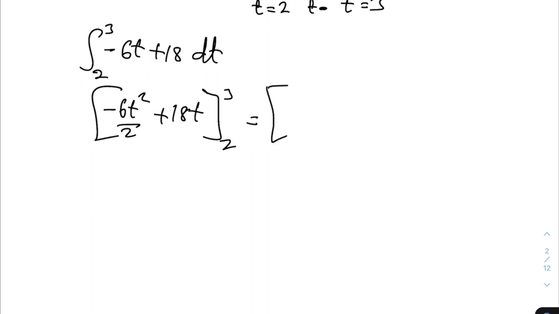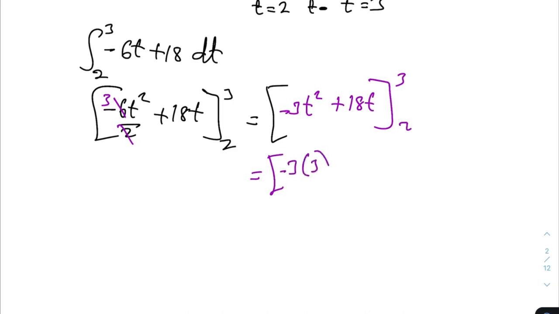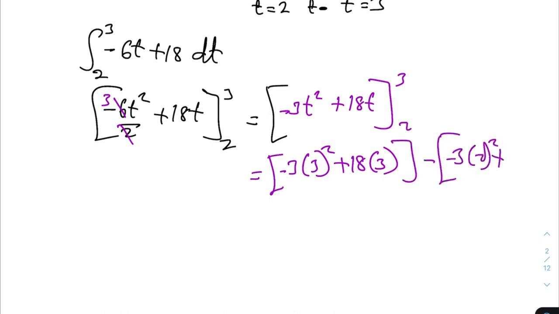So that means we have negative 3t squared plus 18t from 2 to 3. That means we have negative 3 into 3 squared plus 18 into 3, minus negative 3 into 2 squared plus 18 into 2.